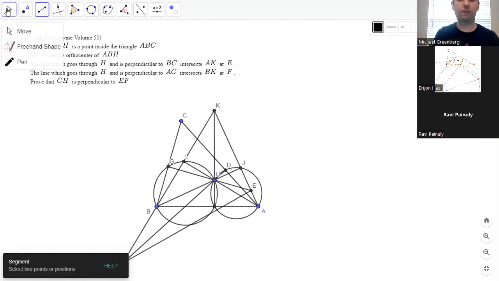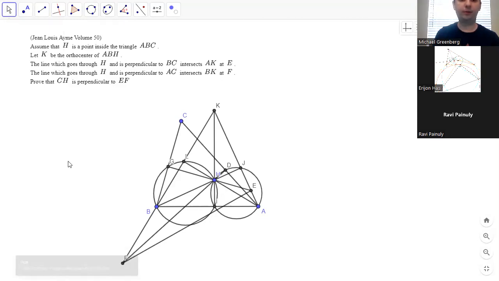Maybe we could show HE squared minus HF squared is CE squared minus CF squared. I don't know how easy that would be.